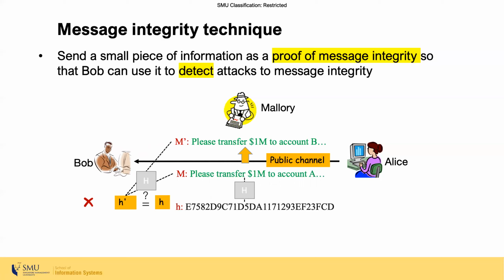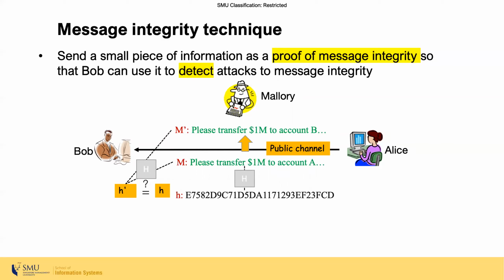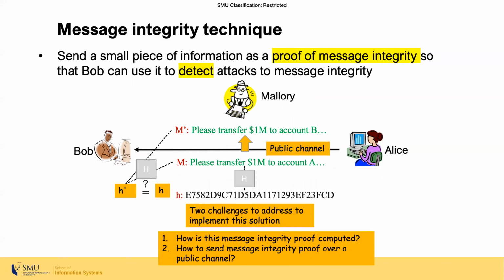Before we dive into the actual technique itself, there are two questions that we need to address. How is this message integrity proof computed, and how can we send such a proof over a public channel?